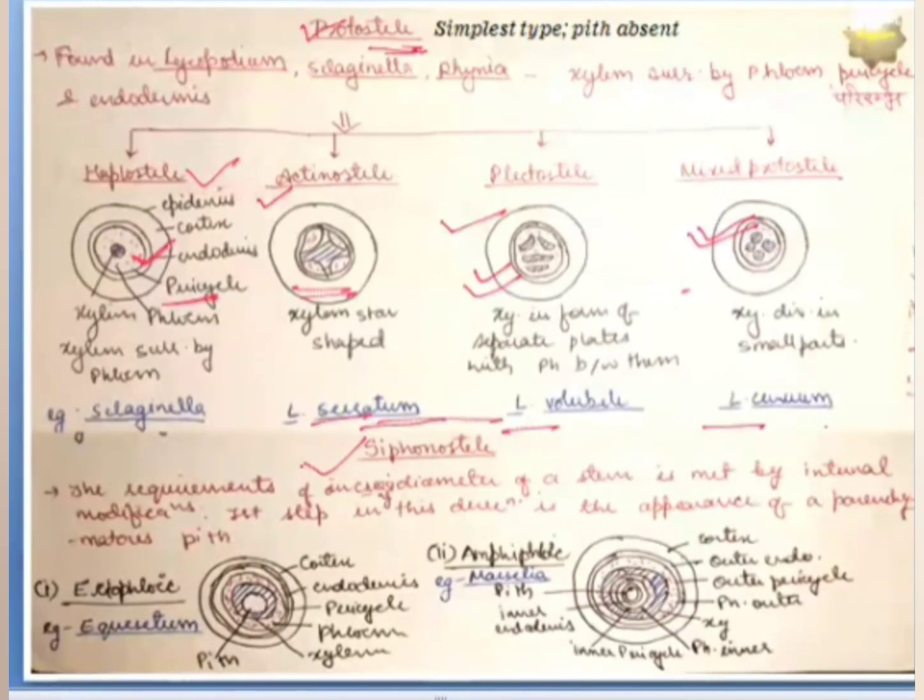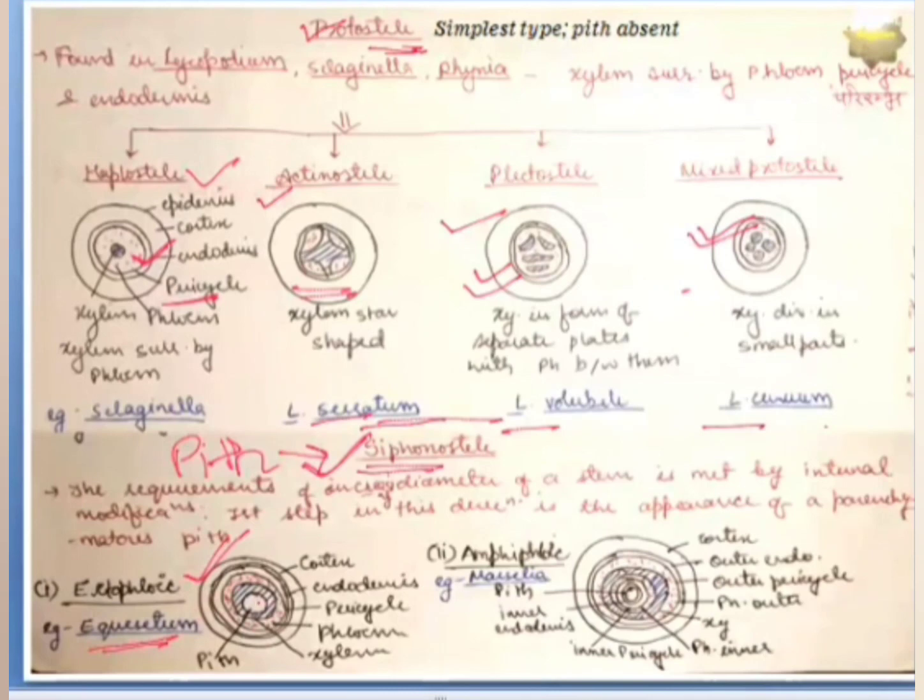Second important type of stele is siphonostele. Siphonostele, on the other hand, consists of pith. So, the main difference between protostele and siphonostele is the presence of pith in the siphonostele. Now, siphonostele can be ectophloic, as we see here in the first diagram, for example, Equisetum.